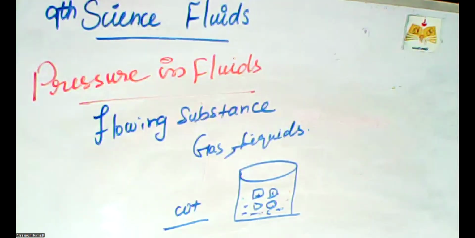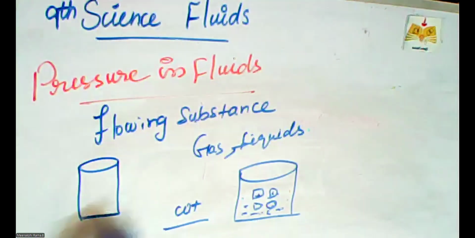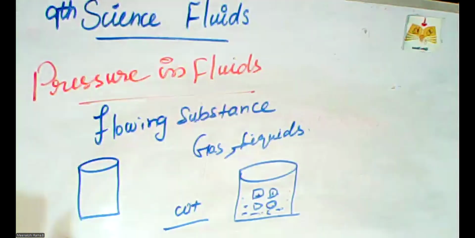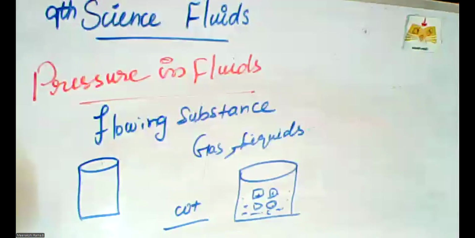Okay, so first we know about the pressure exerted by liquids, and then about the pressure exerted by gases, the gas pressure. When we fill a gas, for example LPG, LPG means liquid petroleum gas. When we open the knob, it automatically changes into gaseous form.